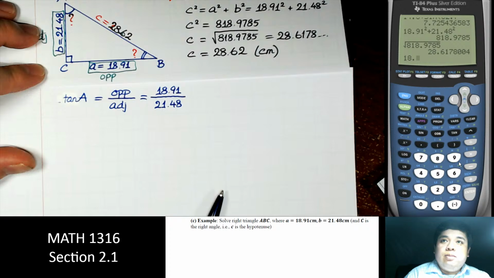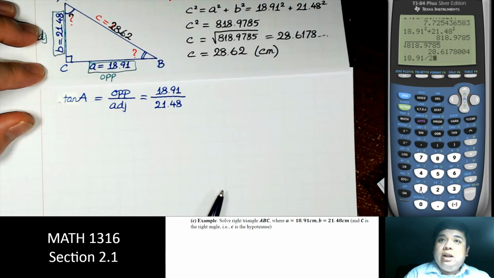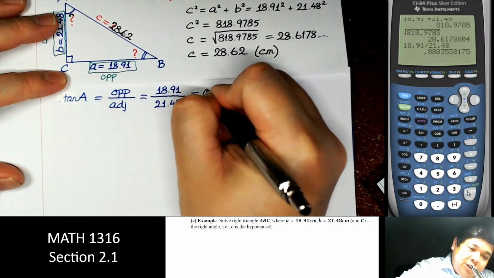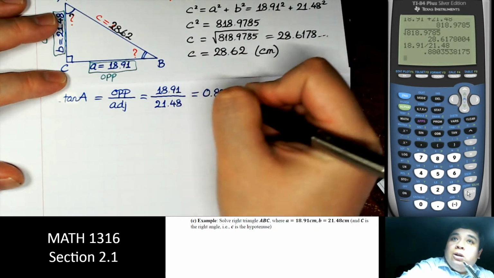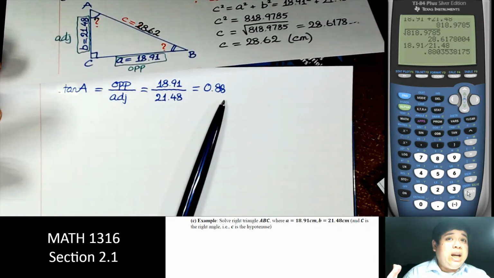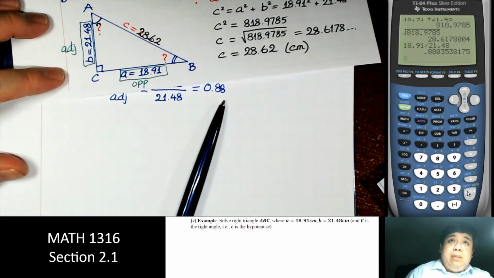18.91 divided by 21.48. Even though I only write two decimal places, if I use the calculator, I'm actually using all of the decimal places.